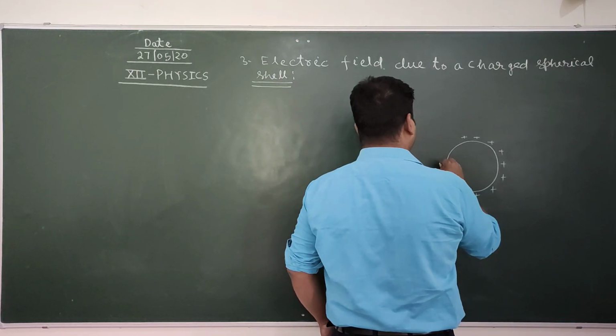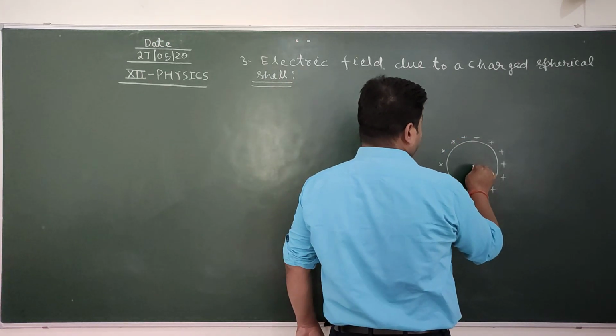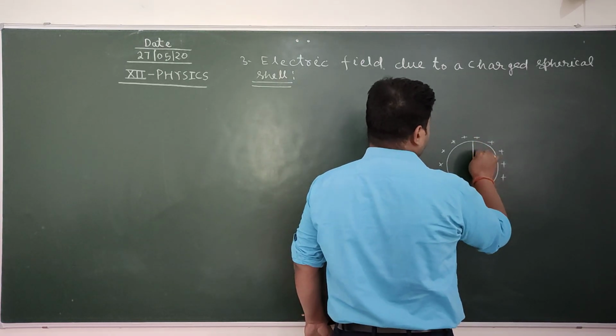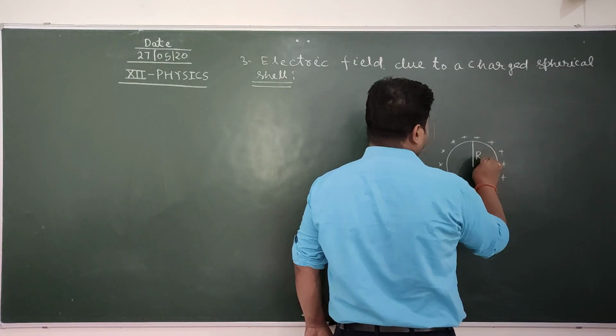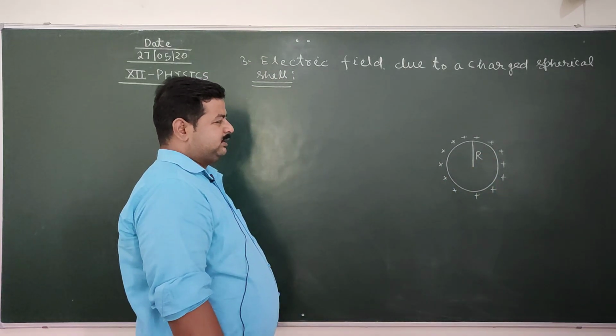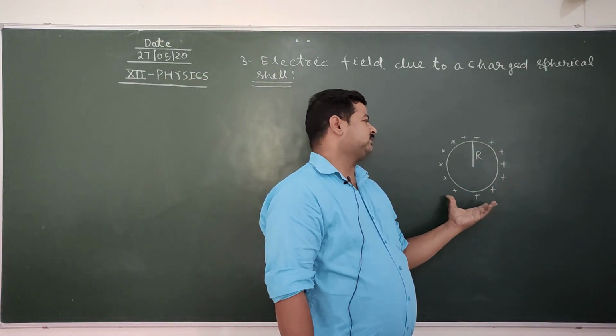Charge is distributed over its surface. We consider the radius of the spherical shell is capital R. So what is the electric field due to this charged spherical surface?